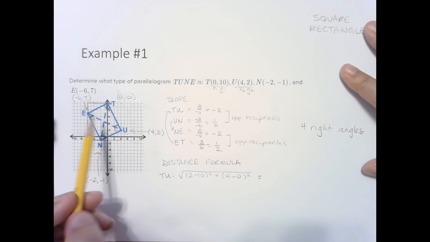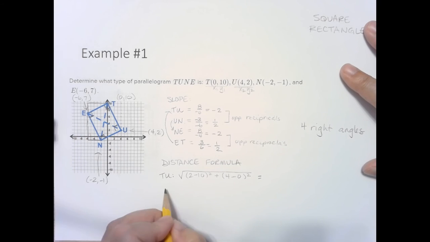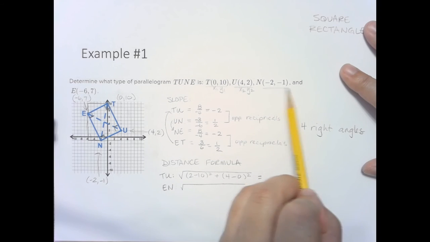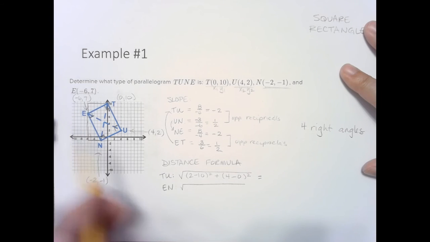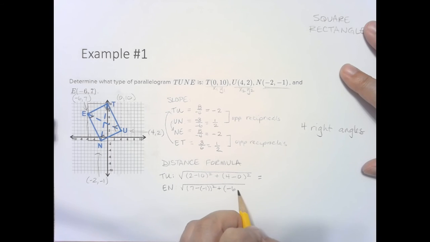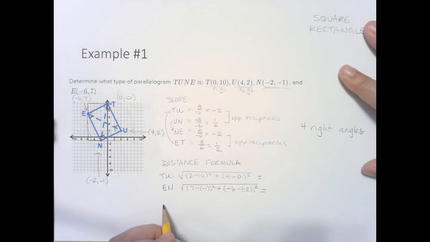That's my T to U. So now I need to do E to N. So that's going to be 7 minus -1 squared plus -6 minus -2 squared.